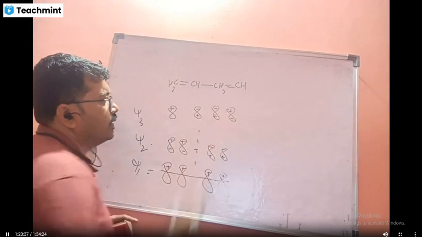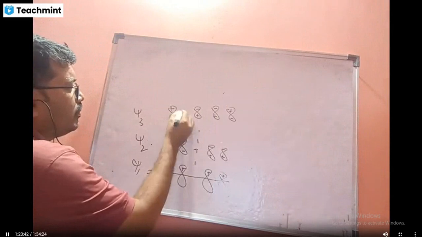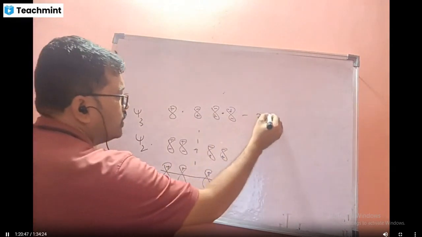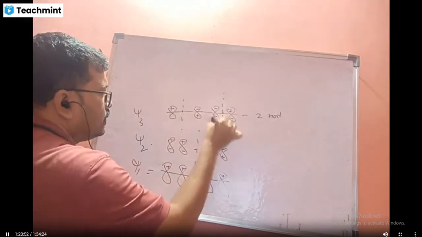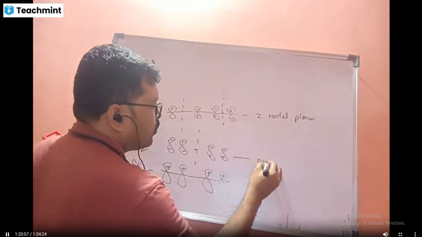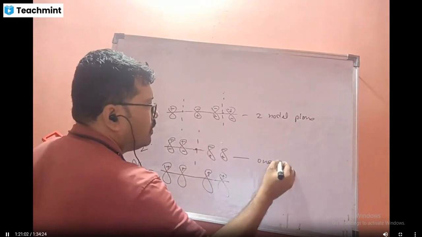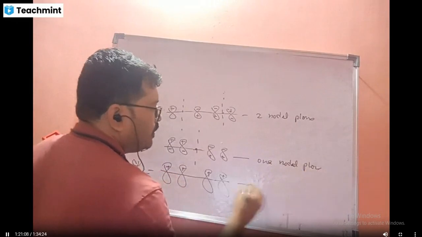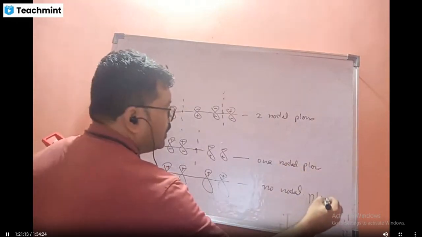This is plus, this is minus. So this is a nodal plane. Psi 2 has one nodal plane, psi 3 has two nodal planes, and here in psi 1 no nodal plane, zero.